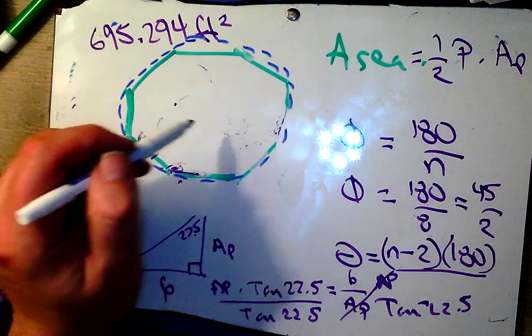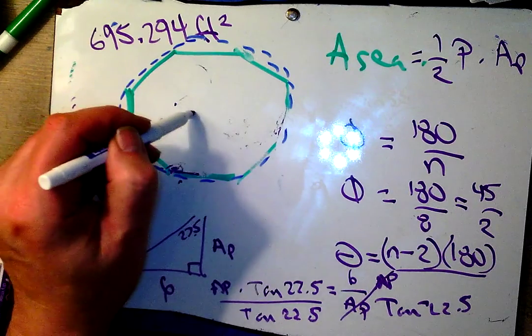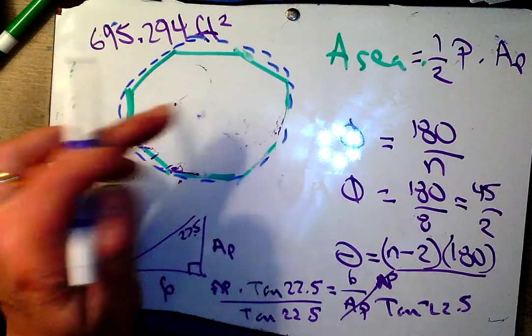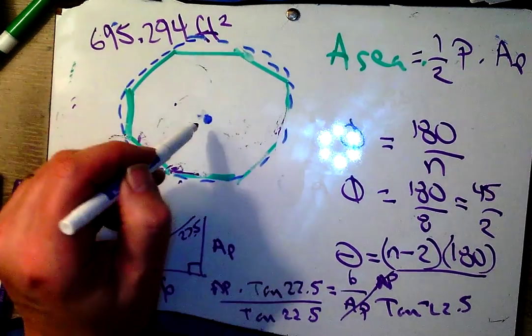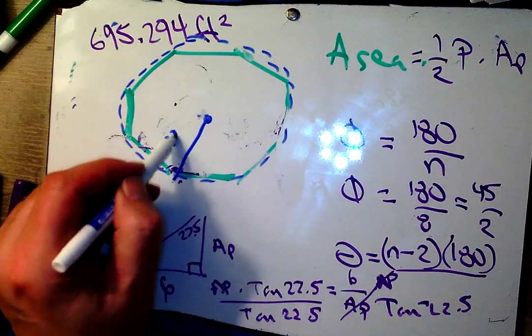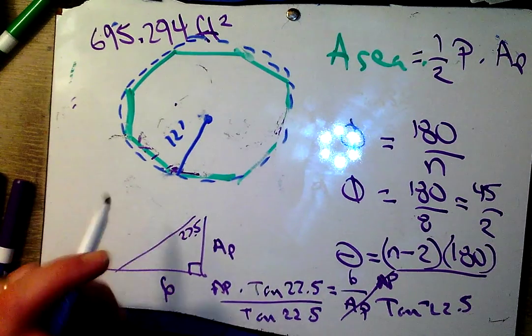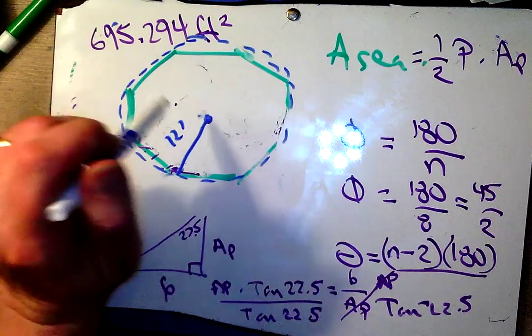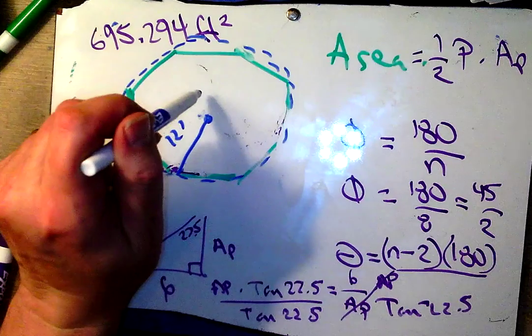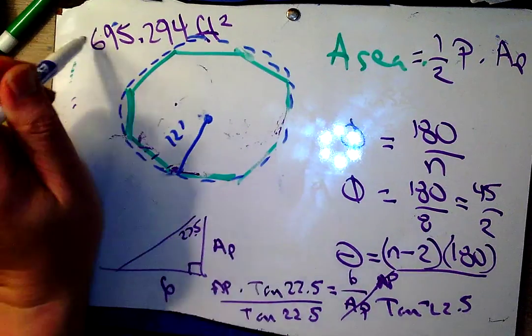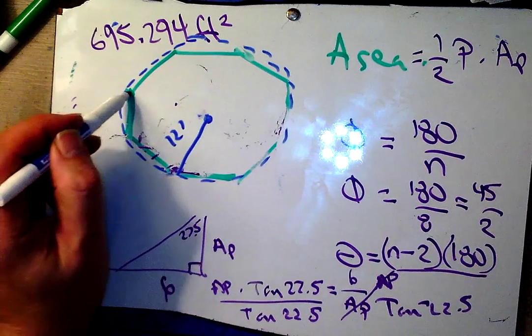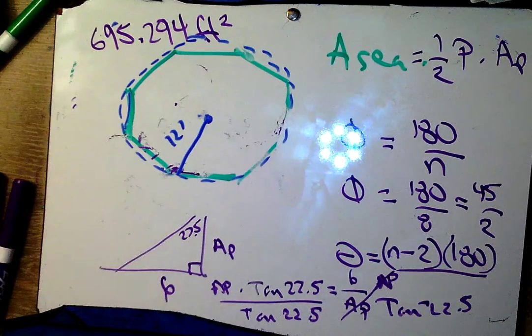Okay, we've inscribed the octagon in a circle. And that circle has a radius of 12. Now, I'm wondering, will the area of this octagon be larger than the area of the octagon when the side length was 12? What do you think?